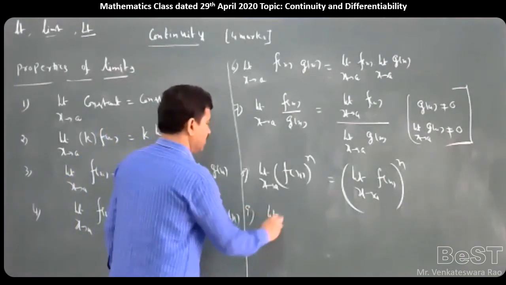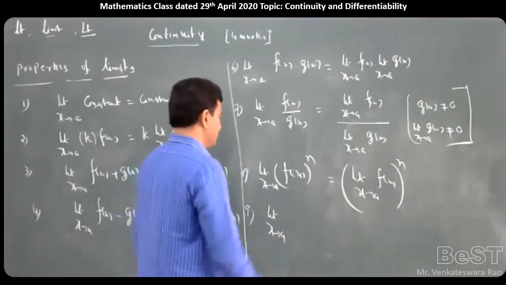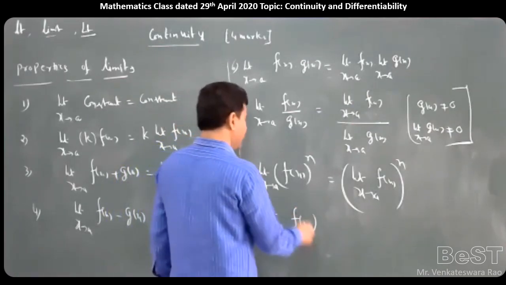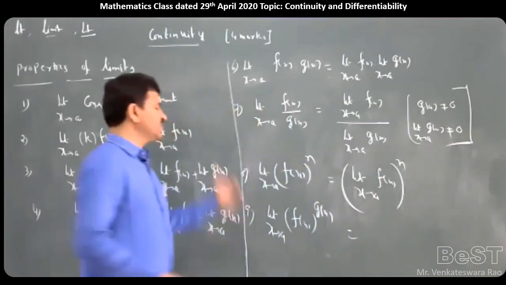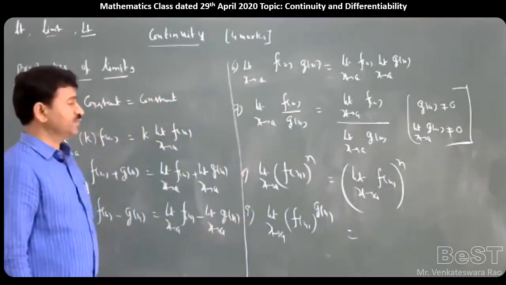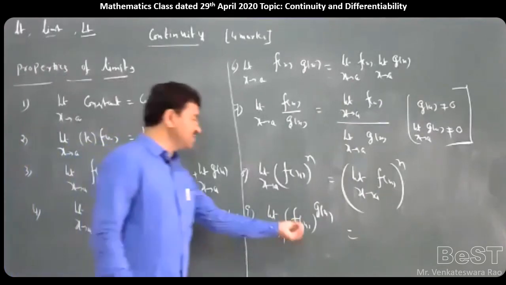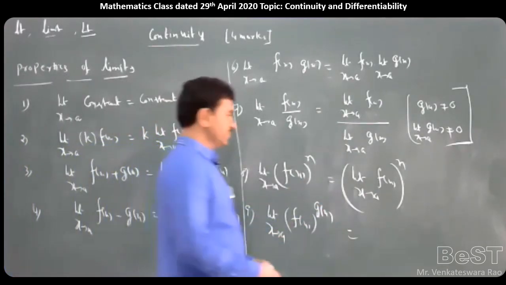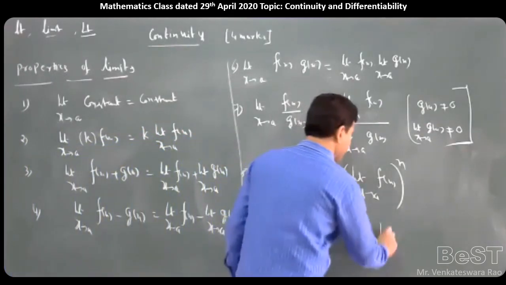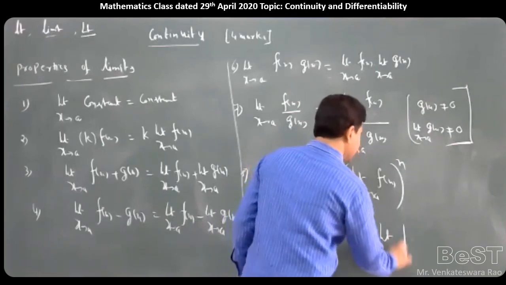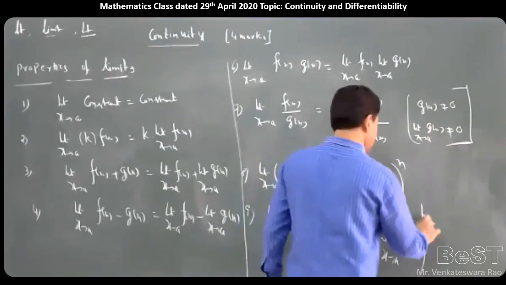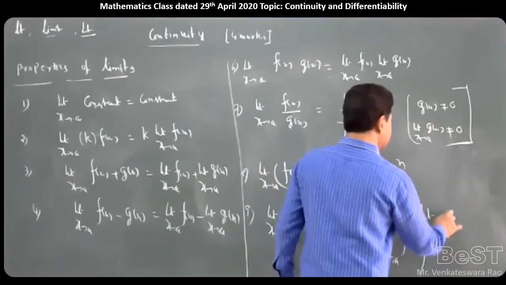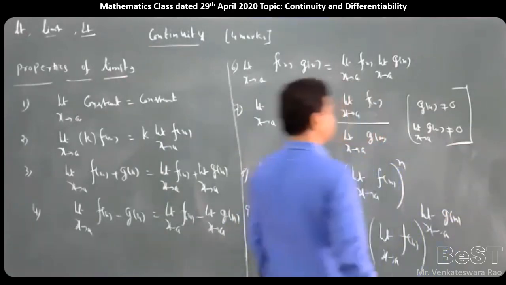Ninth one. Limit x tends to a, f of x power g of x, function power function. You can apply the limit for the base separately and for the power separately: limit x tends to a f of x, power limit x tends to a g of x.